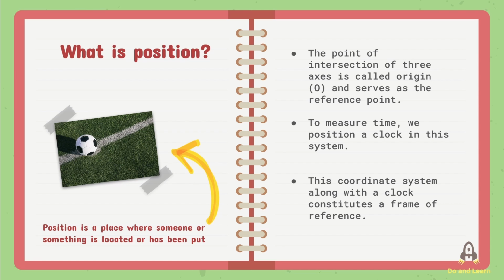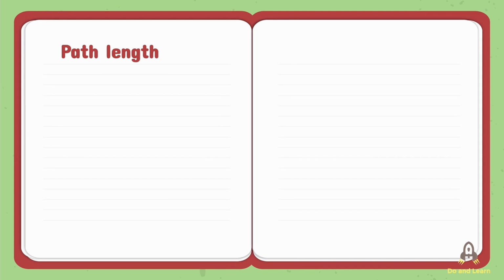X, Y, Z axes with the time, that is, a coordinate system along with the clock, is called a frame of reference. In this lesson we are discussing only one-dimensional motion, so we will consider only one axis, X or Y or Z. So let us go to the next topic.